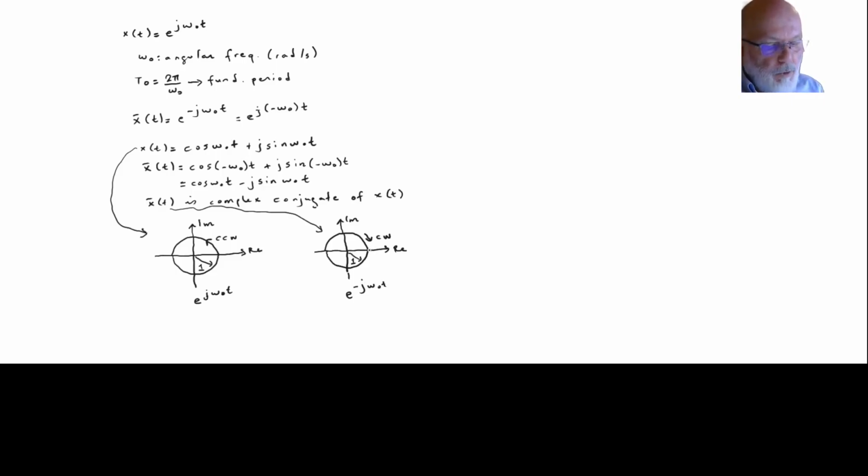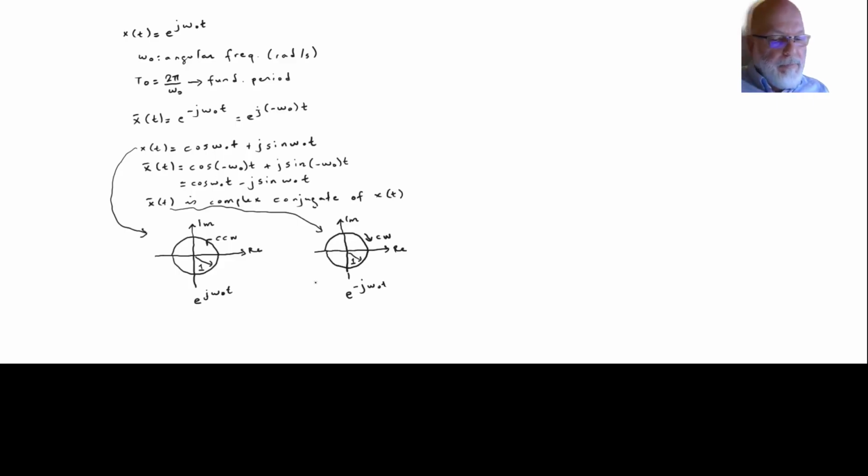So at omega 0 t equal to 0, we are at this point. Then when omega 0 t is equal to minus pi over 2, we will come to this point. And so on. We are going to traverse the unit circle in the clockwise direction.